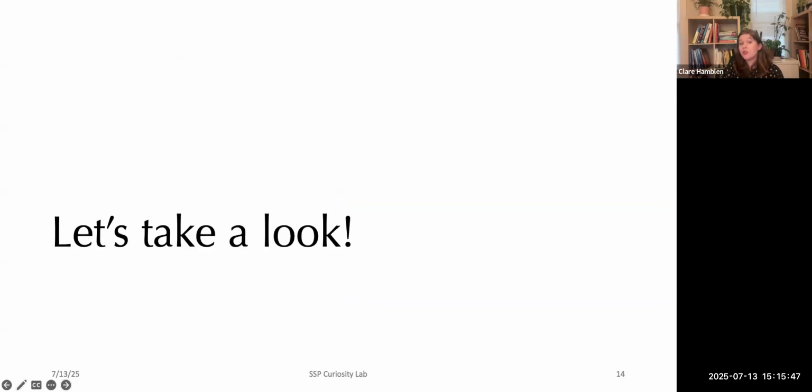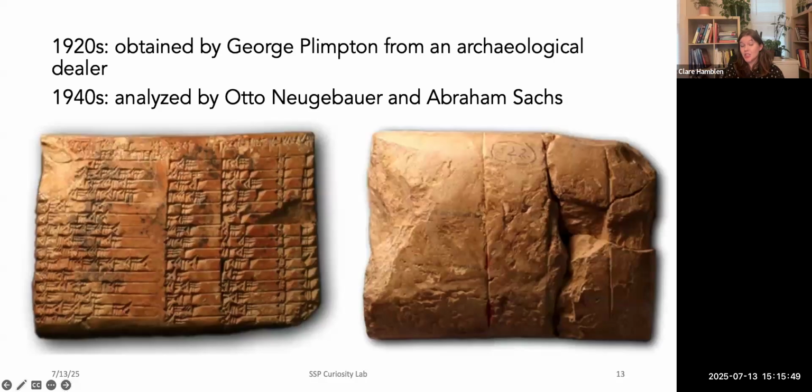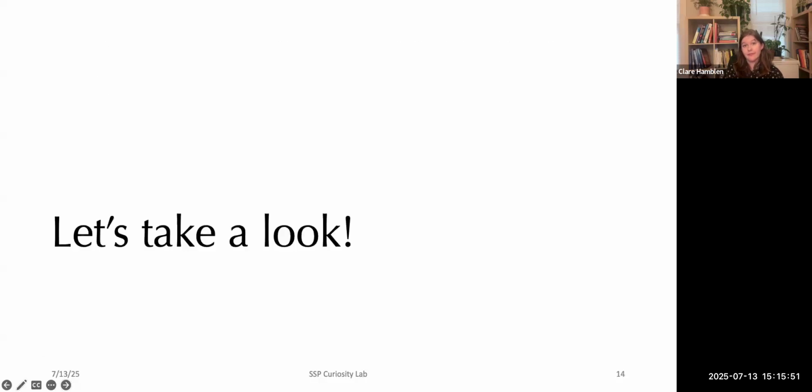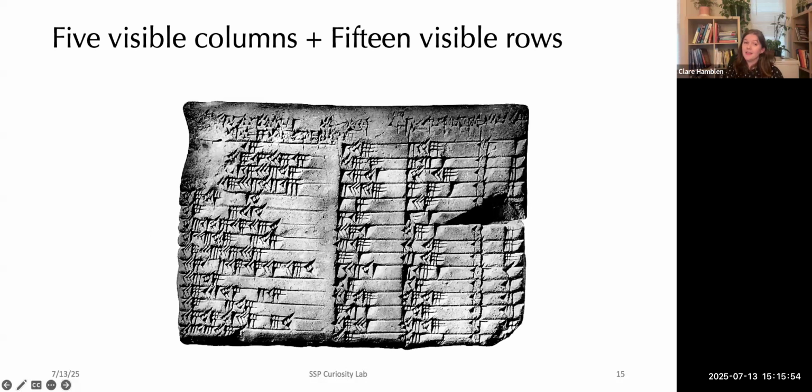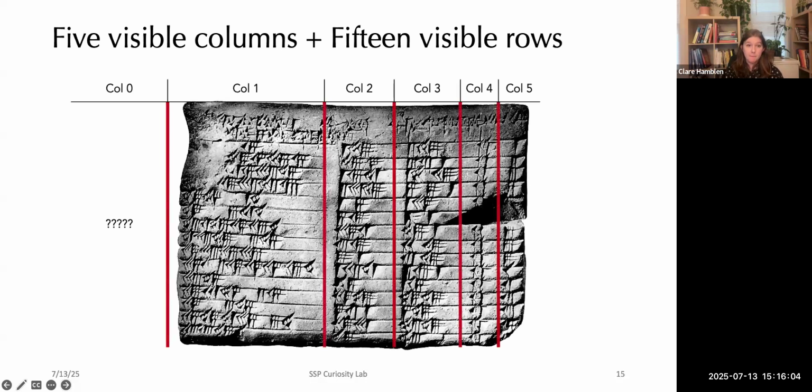So we're going to go through a real translation of what this means. I told you that it's written in columns and rows, and it has 5 visible columns. Remember, we can't see what was also over here, and 15 visible rows, which are here. So you can see we have one really big column here and then 4 others.